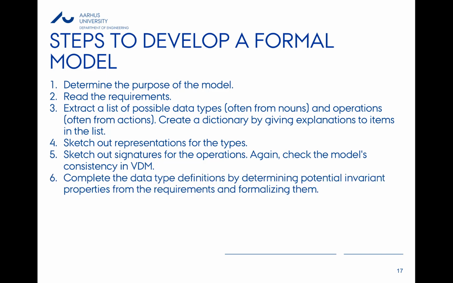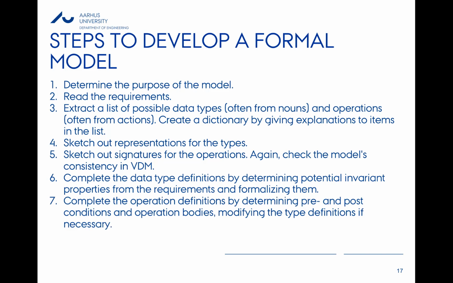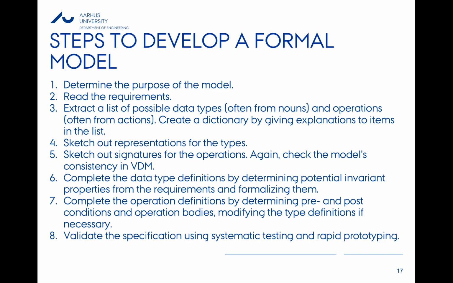Then we can complete the type definitions, determining potentially invariant properties from the requirements and then formalizing these. Next step would be to complete the function and operation definitions, determining pre- and post-conditions and the operation bodies, modifying the type definitions if necessary. And then you would go and validate the specification using systematic testing and potentially rapid prototyping.